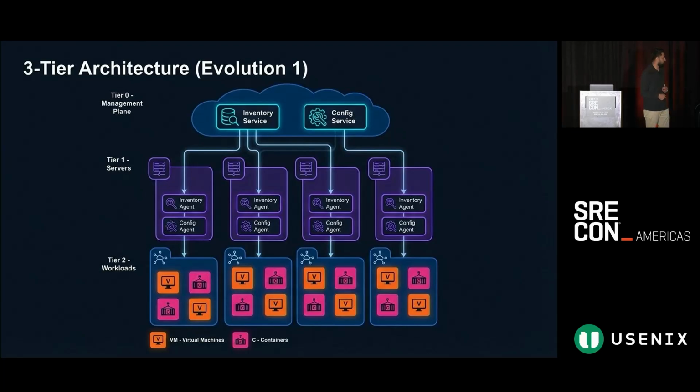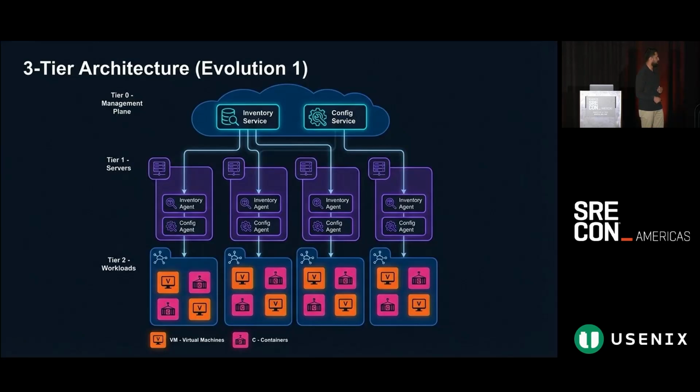And these tier 1 servers would be responsible for informing all of the inventory that is running on top of them. So for inventory service, it had a counterpart agent running on all the servers called inventory agent. And this inventory agent was responsible for aggregating the inventory running on that server and informing the inventory service.